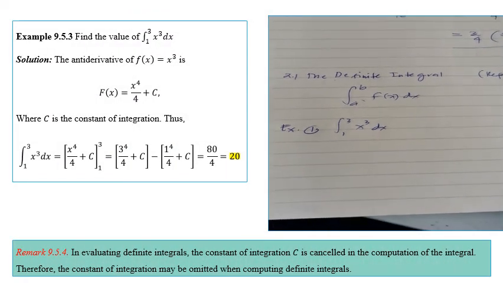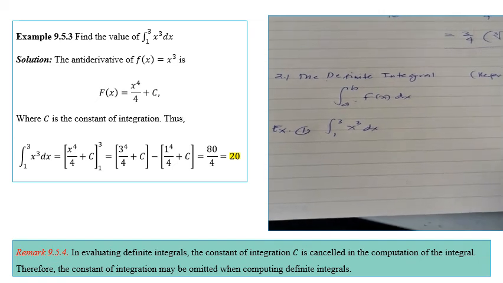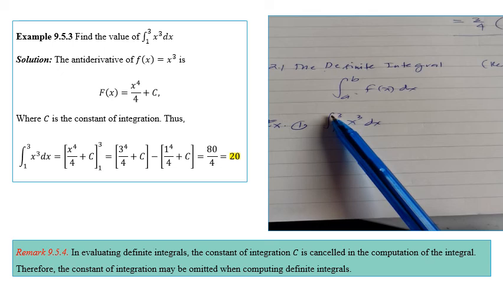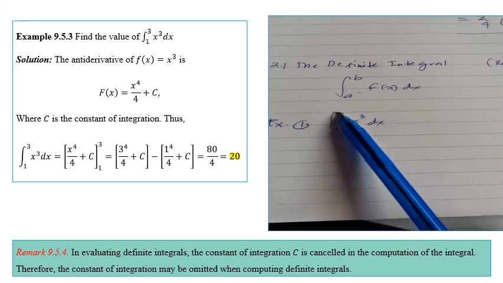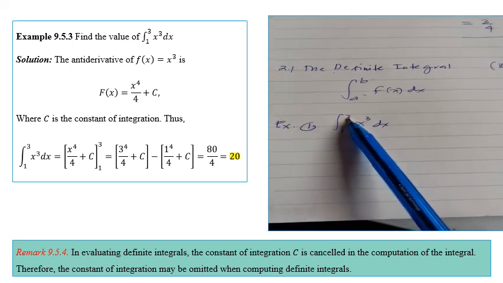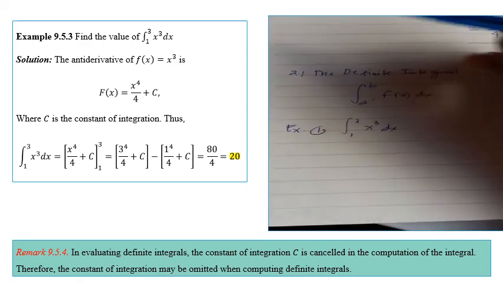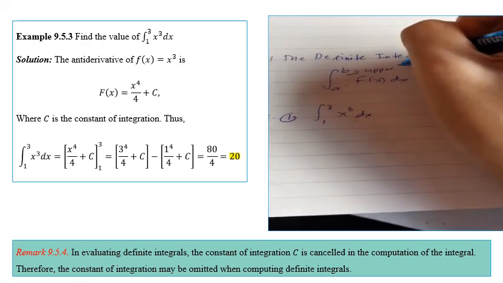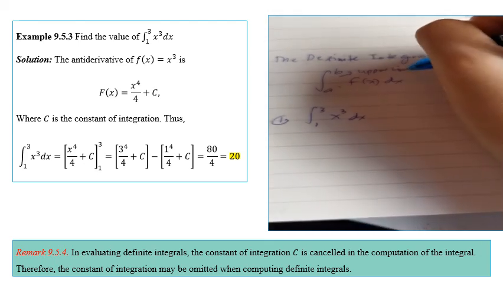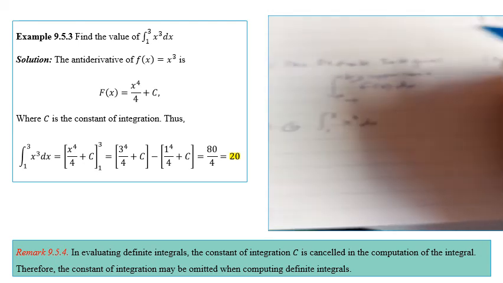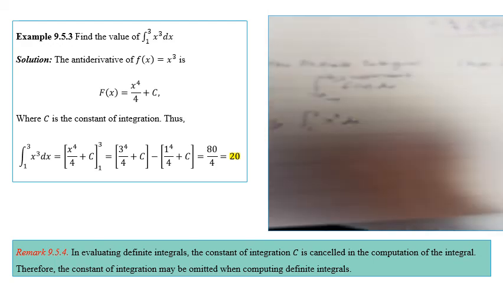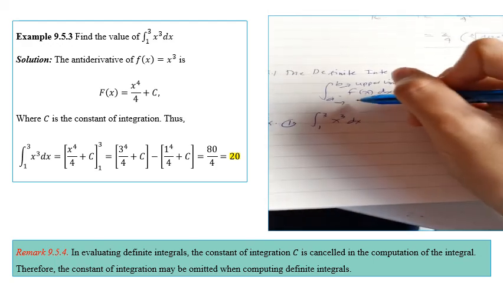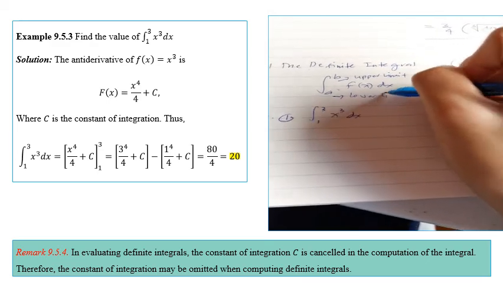Example. So first step is, before tayo mag-evaluate, ibig sabihin before natin gagalawin yung limit na yan, ang tawag dito is the upper limit and then the lower limit. Okay, so remember ha, si b is our upper limit, and then si a naman, ang tawag natin dyan is lower limit.